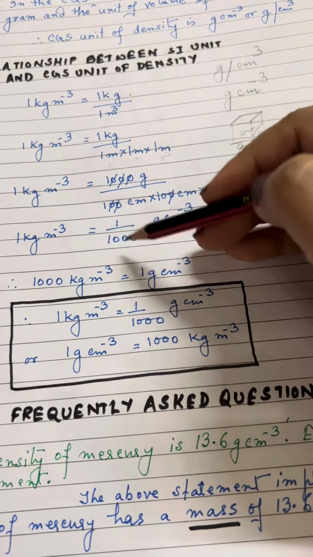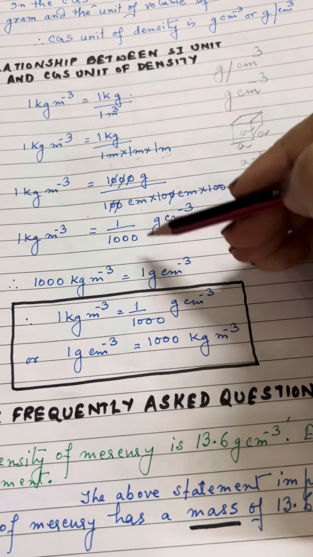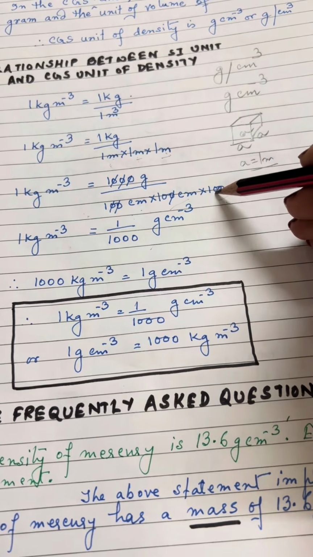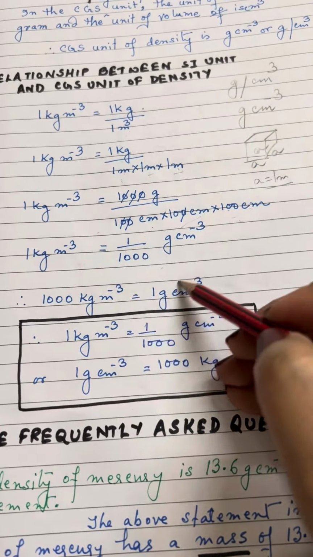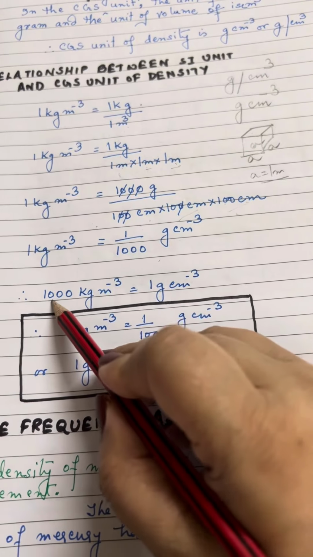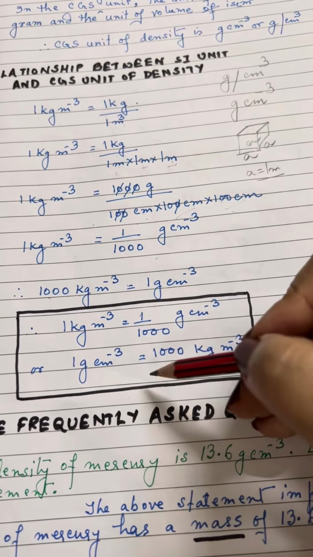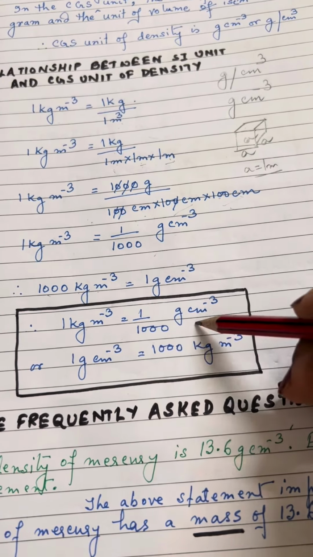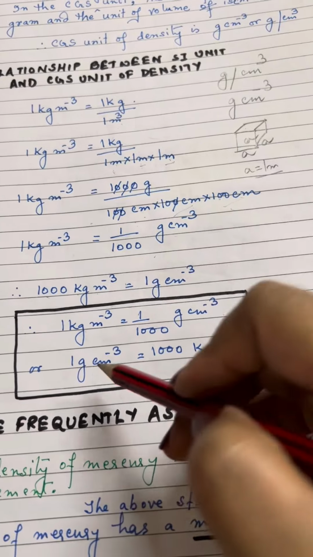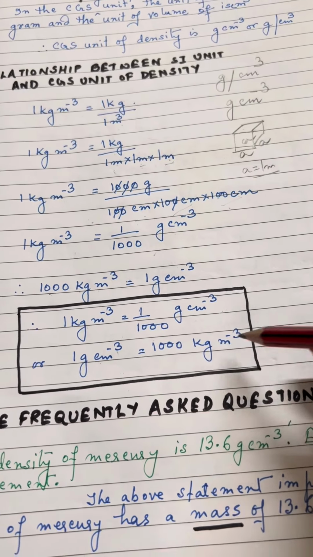Cancel the zeros and we get 1 kilogram per meter cube is equal to 1 by 1000 gram per centimeter cube. So if we just cross multiply, we get 1 gram per centimeter cube is equal to 1000 kilogram per meter cube. Now we can write it this way, that is 1 kilogram per meter cube is 1 by 1000 gram per centimeter cube, or 1 gram per centimeter cube is equal to 1000 kilogram per meter cube.